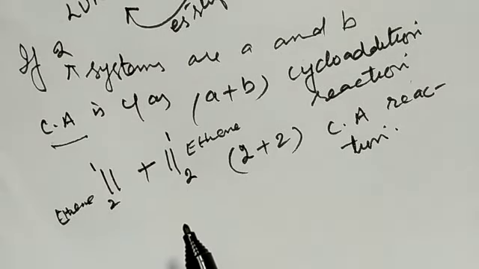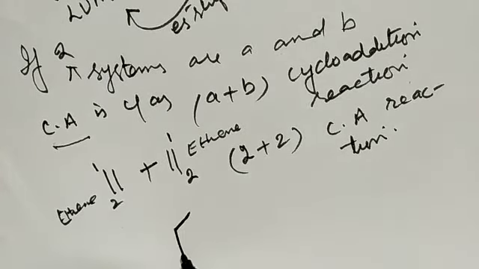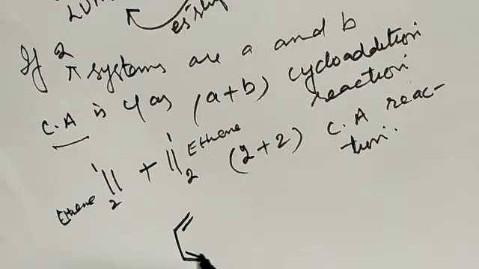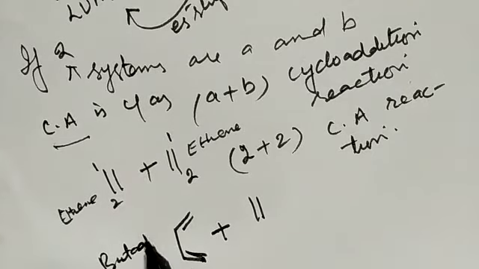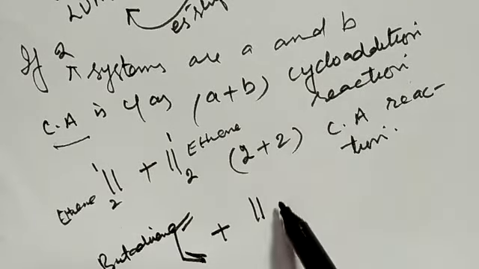If 4 carbon atoms are there, then the reaction is a 4 plus 2 cycloaddition reaction. This is butadiene and this is ethene.